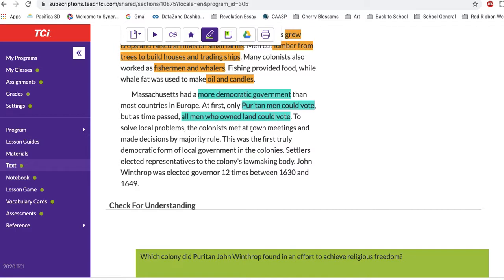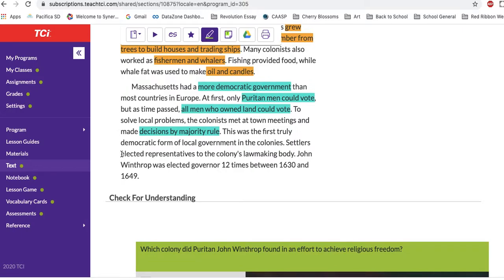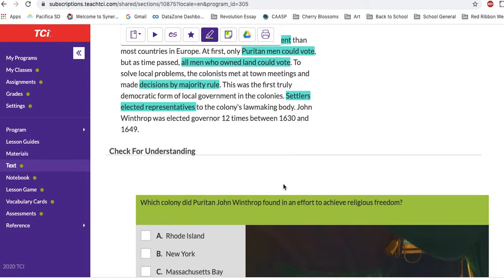There were town meetings. Decisions were made by majority rule. So I'm going to highlight these things. And then we have settlers elected representatives. So those are all important things about the government.